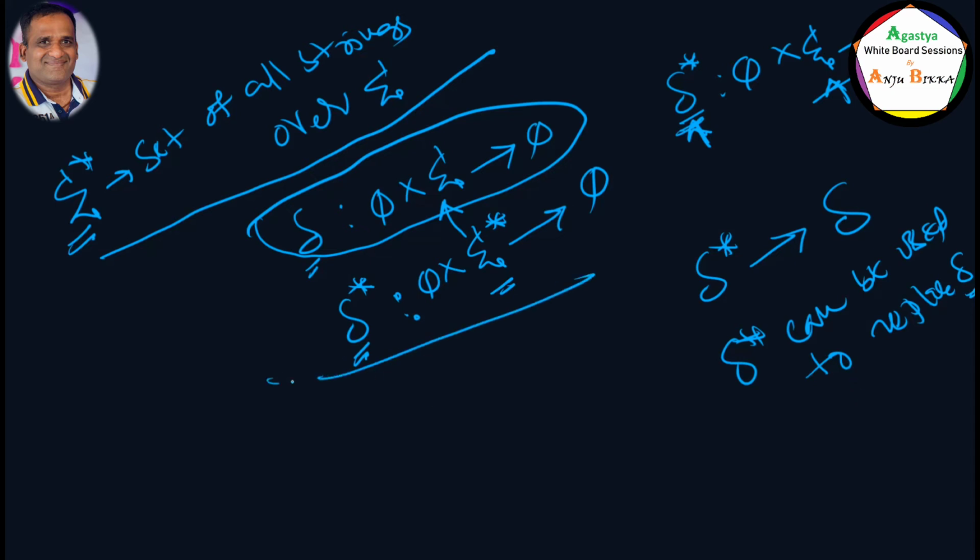Now we are going to elaborate on the relation between delta and delta star. For example, we write delta star ending with Q naught, and we give a string a, b, a. Whenever we write this, remember it reads only one symbol at a time.